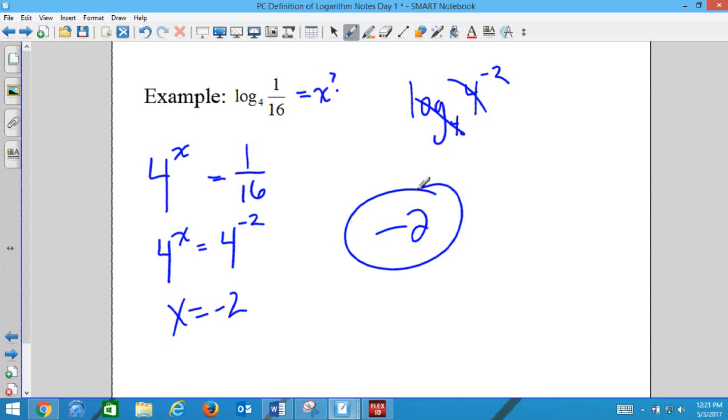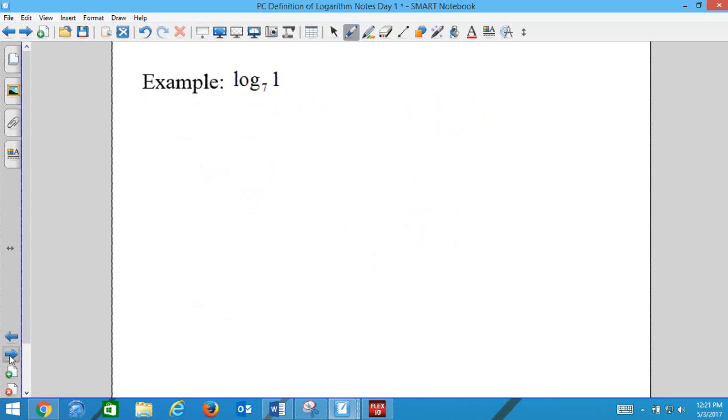Okay. The next one, log base 7 of 1. So this would be 7 to some power equals 1. The only way we can get a number to a power to equal 1 is if it's to the 0.